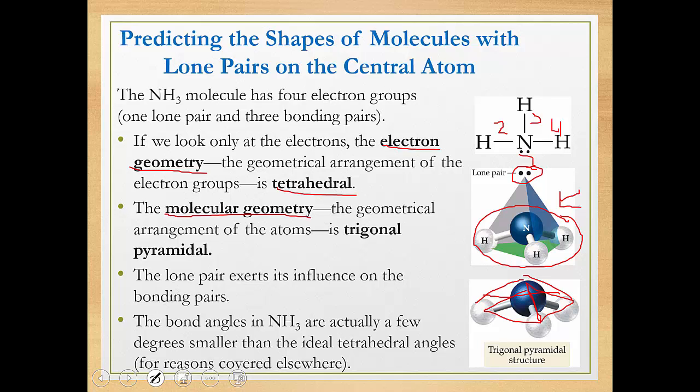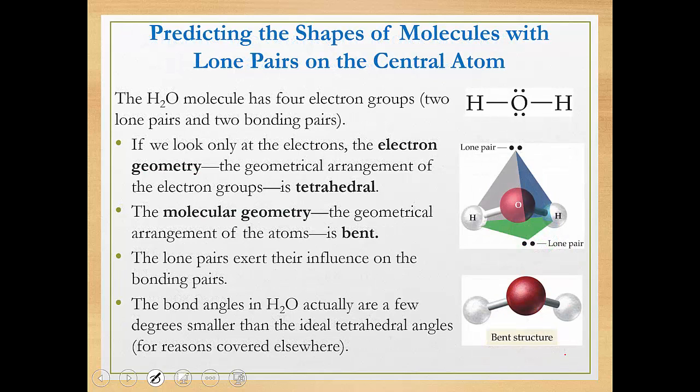And it's not lying flat anymore because that lone pair is pushing down. So this is known as a trigonal pyramidal structure, or pyramidal, whichever way you prefer to say it. Most chemists will say pyramidal. The bond angles in ammonia are actually a few degrees smaller than ideal tetrahedral angles just because of that lone pair pushing down a little bit harder.